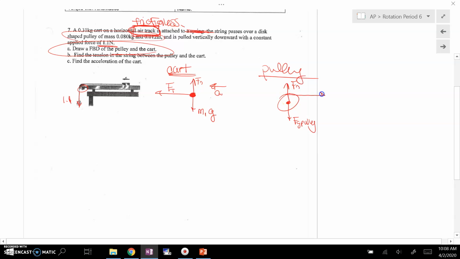We have Ft, and then we have this applied force. It's pulling this thing down. So I'm going to call it applied force. Actually, I'm just going to call it 1.1 newtons.